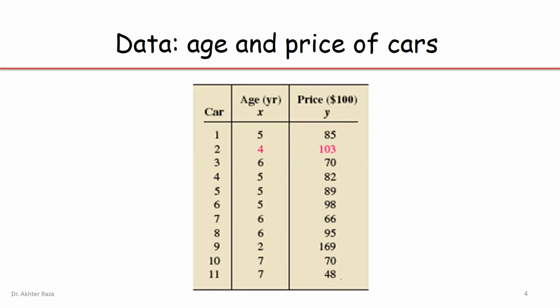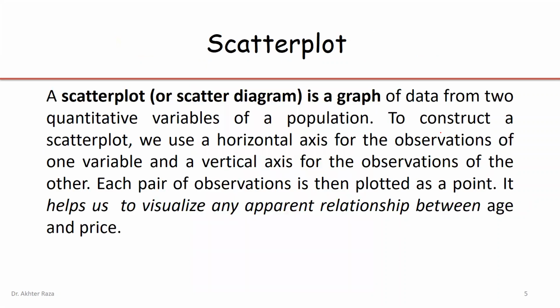A 7-year-old car has a $4,800 price. In this data set, we have a sample of 11 cars, and we want to find out the relationship among these two variables.